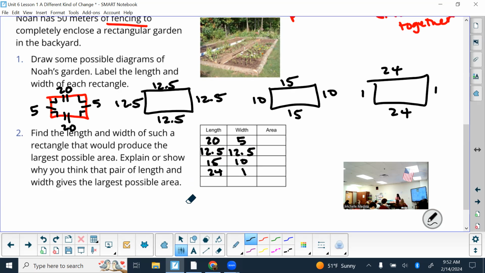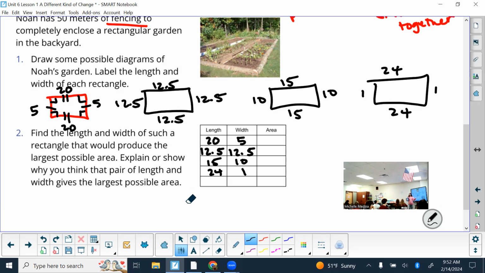And maybe that could help. Does anyone see the pattern that I'm talking about? Michaela? If I add the length and width together, in our table, they're all equaling 25.